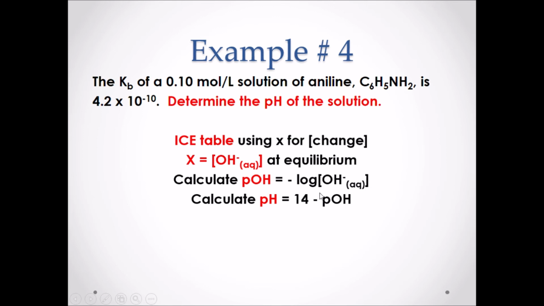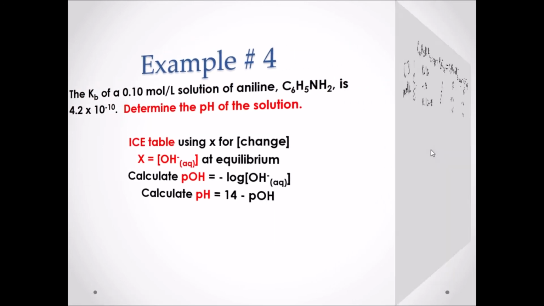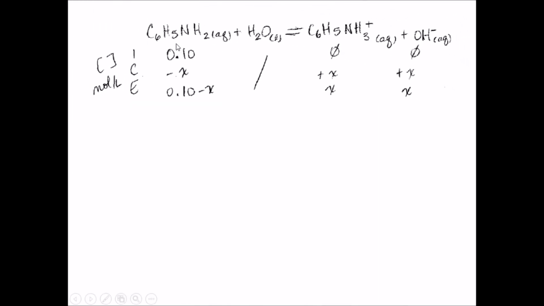And from the pOH, we can then calculate the pH. First up, we have to start with an equation for aniline, our weak base, reacting with water, forming OH minus and its conjugate acid.